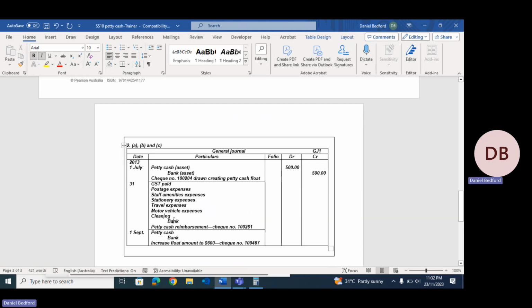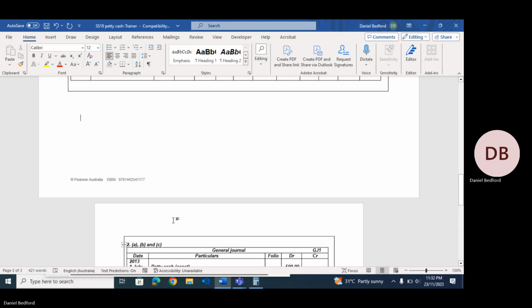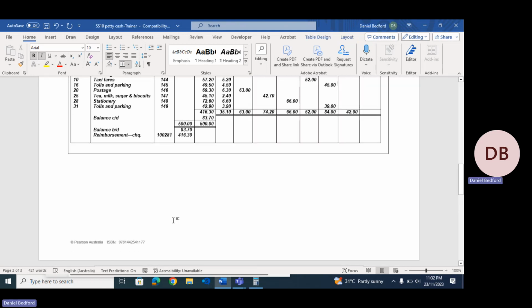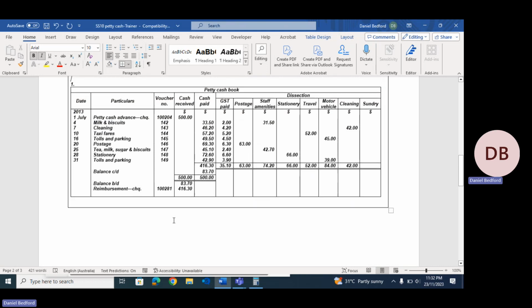So another way to say this is when you use a petty cash tin, you don't recognize the receipts every day. You just wait till the end of the month or the end of the week. You take all the receipts out, put cash back in, and then you record the expenses. If you do it every day, it's just too tiresome. I'll say that for petty cash stuff.